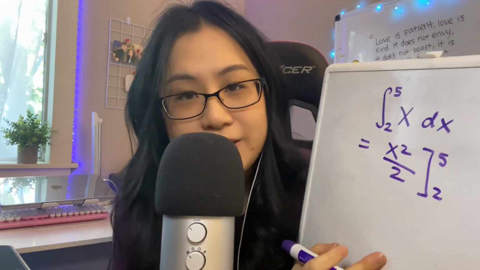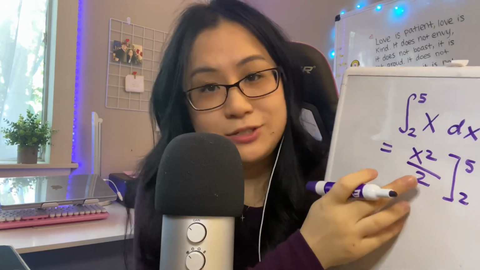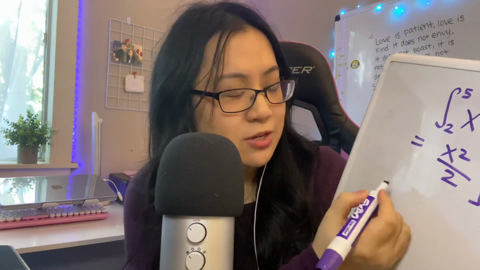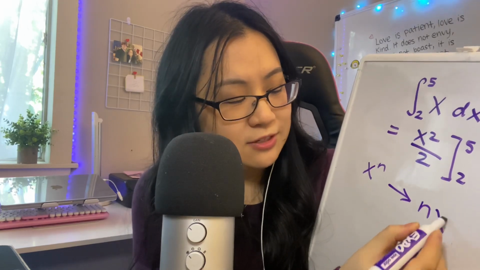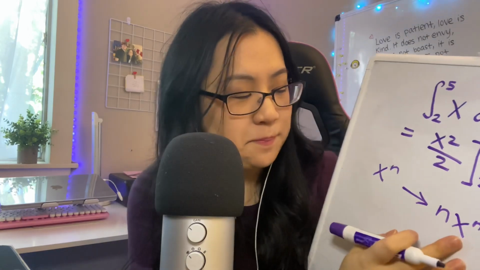So before we get to actually evaluating that fraction, I thought that we could come up with our very first antiderivative or integral rule just based on what we just talked about. So the derivative of x to the n as a power rule gives us nx to the n minus 1, right?